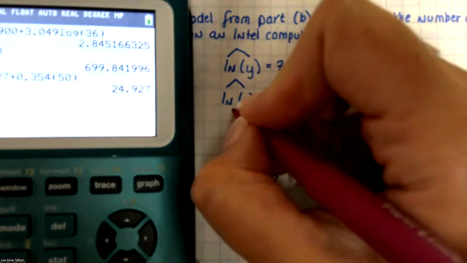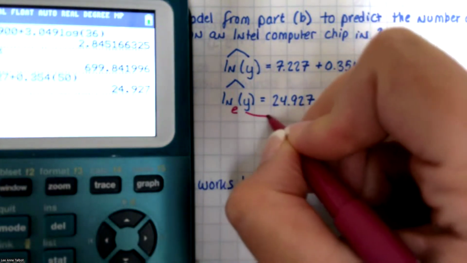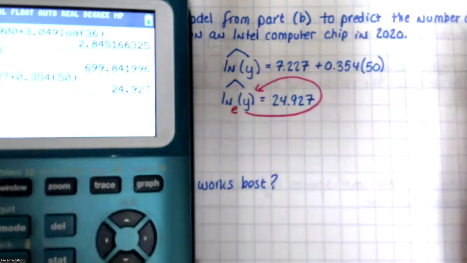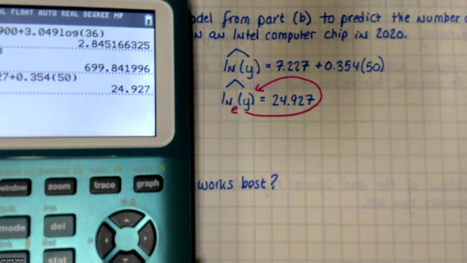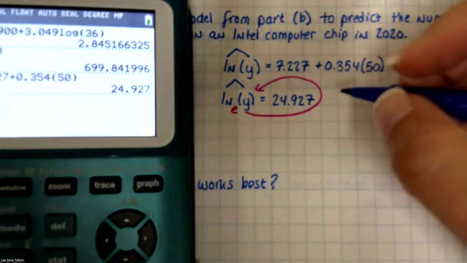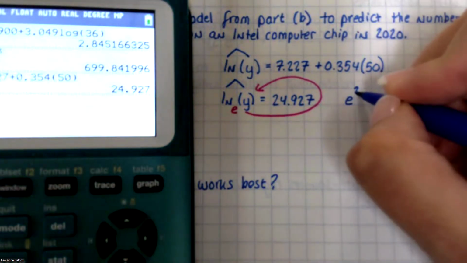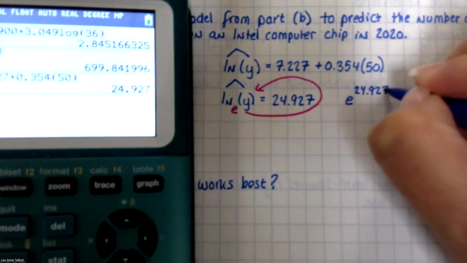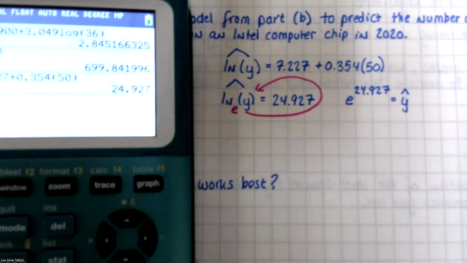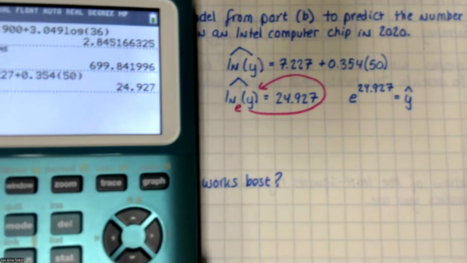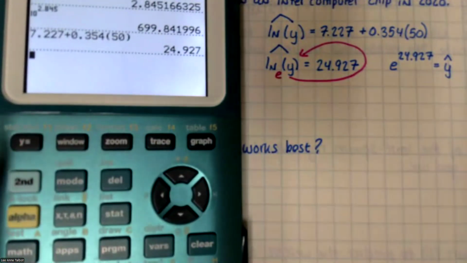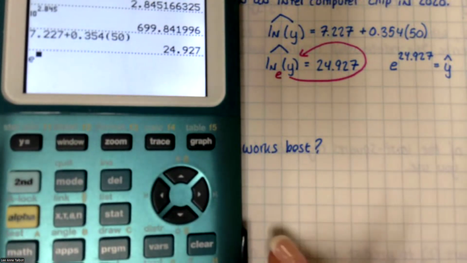E. So e to the 24.927 equals y hat. Remind yourself how to do that on your calculator. It's second, natural log.